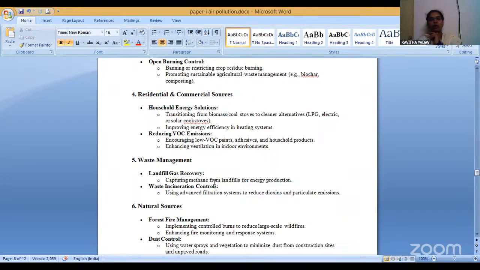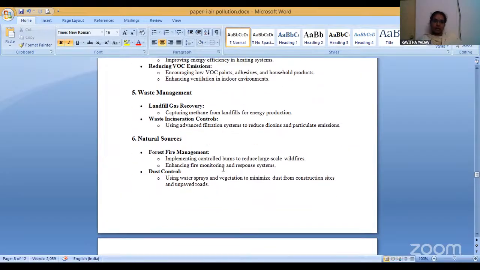Encouraging low volatile compound paints, adhesives, and household products, and enhancing ventilation in indoor environments. So these are the best two points to follow to control residential and commercial sources of pollution.